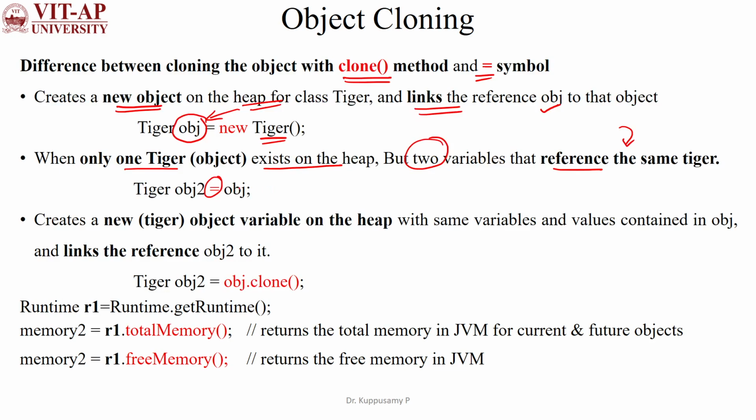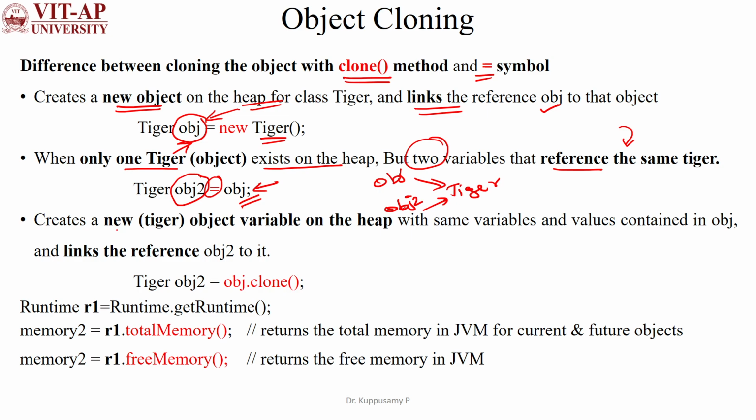You see, a single Tiger is there, but we are making the reference by using two variables. Already one is obj, and here we are assigning whatever value is available in obj to obj2. So a single Tiger object is available, but we are using two variables, obj and obj2, to refer to that particular Tiger.